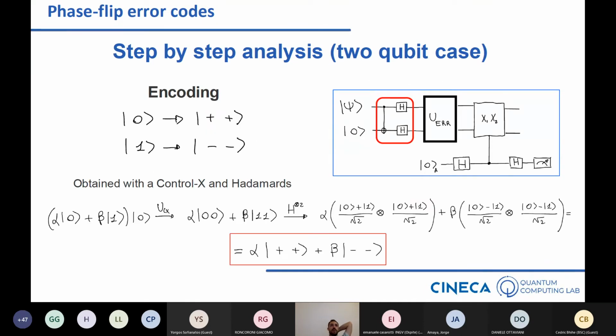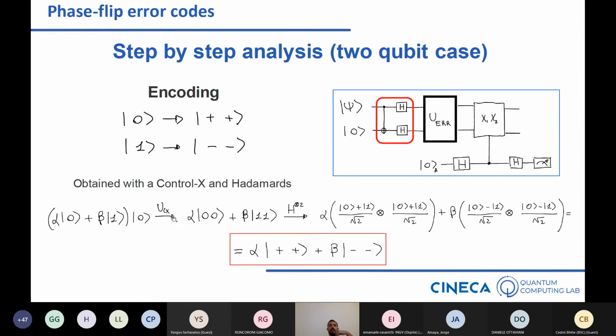Again, the initial state is this one. This state here is the one that encodes 0 into plus, plus, and 1 into minus, minus. Again, we're doing the analysis for the 2-qubit case. Then, what happens here?